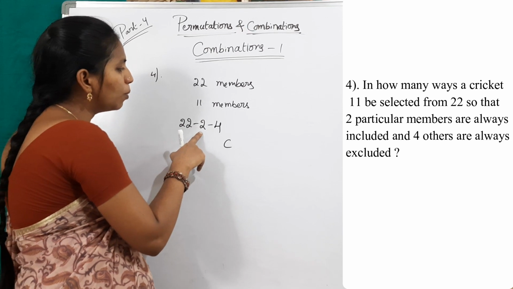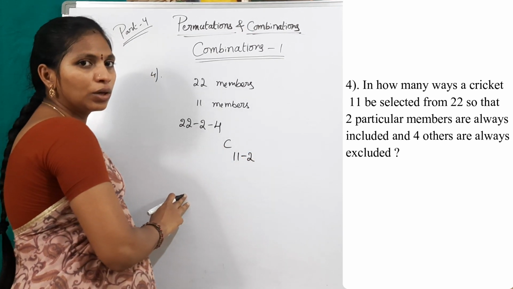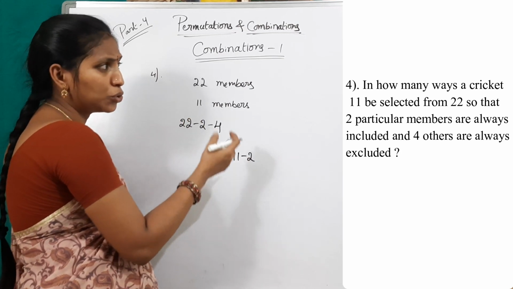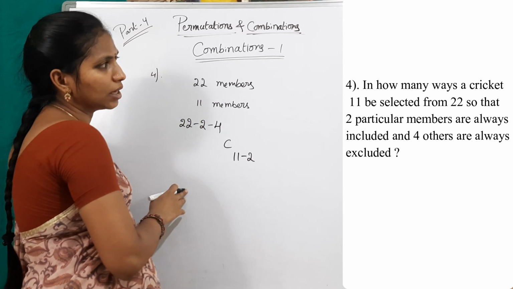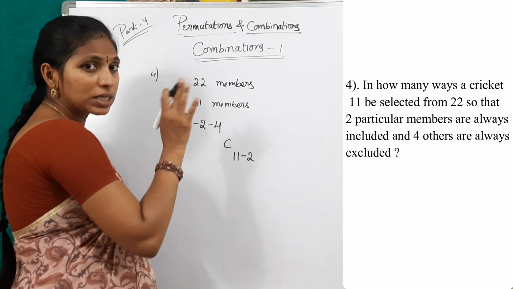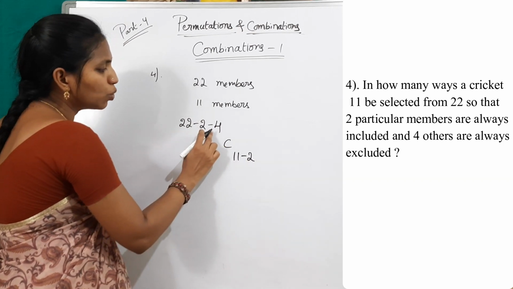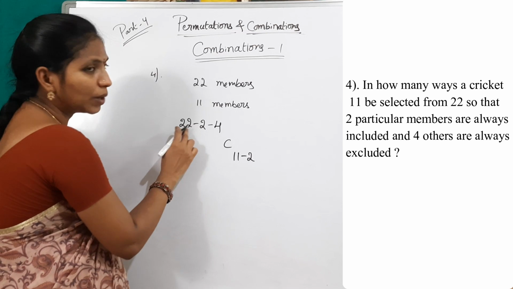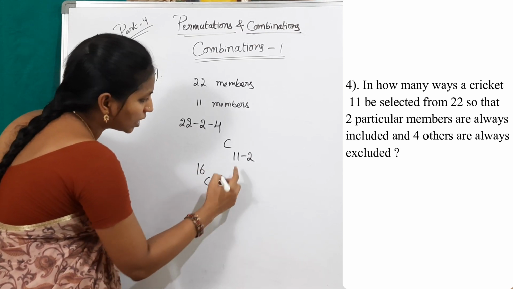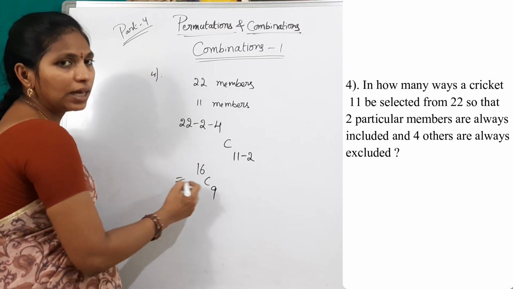How many members? 2 members selected. 11 minus 2. Don't subtract 4 from this 11, because they are excluded from total members, not selected. So here 11 minus 2. 22 minus 2 minus 4 means what is the result? 22 minus 2 is 20 and minus 4 means 16. 16C, 11 minus 2 means 9. 16C9 is the result.